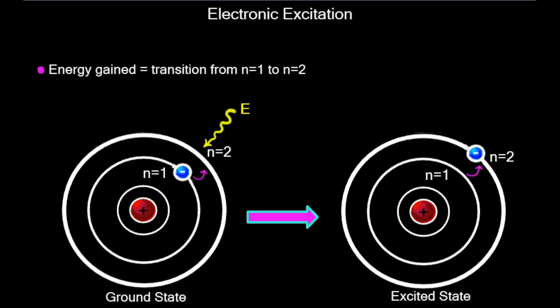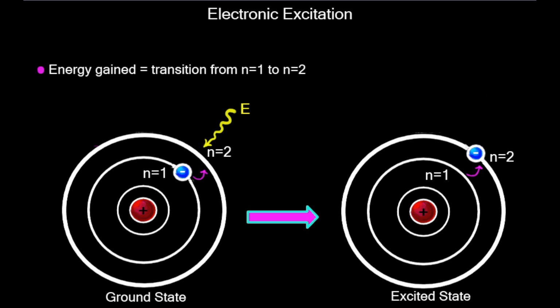In the picture on this slide, you can clearly see the transition of a single electron in the hydrogen atom from n equals 1 to n equals 2. The single proton is located in the nucleus at the center of the hydrogen atom, and there are two energy levels surrounding the nucleus. One of them is n equals 1, and the other one is n equals 2.